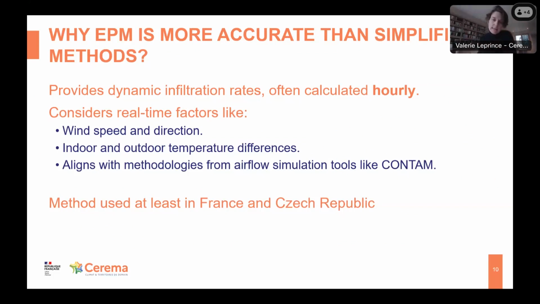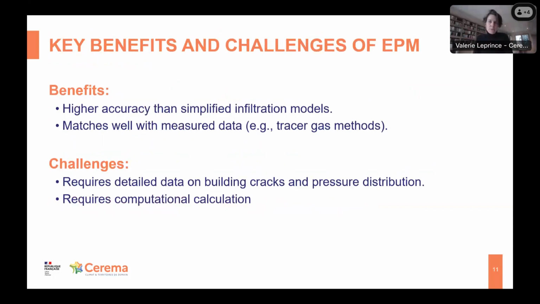And as Norwen said at the beginning, this method is used at least in France and Czech Republic, to our best knowledge. The key benefit is that it provides a higher accuracy than simplified infiltration models. It matches well with measured data, for example tracer gas methods, because even if we have to make a lot of assumptions regarding the leakage repartition and the actual wind speed, it does perform quite well on average.